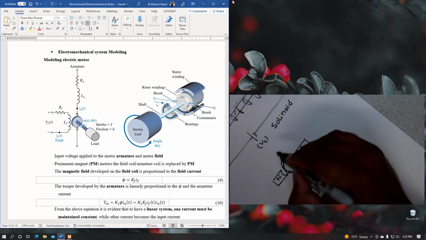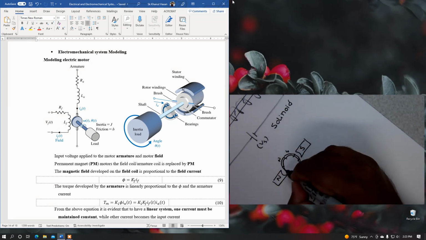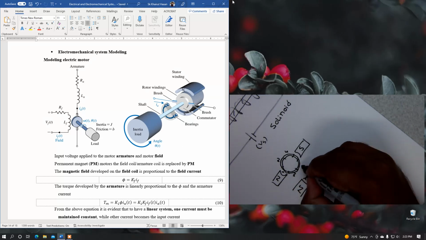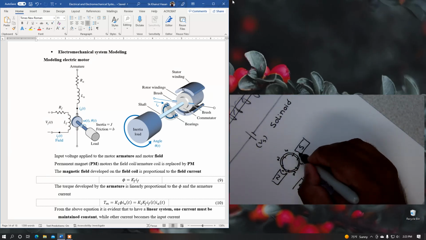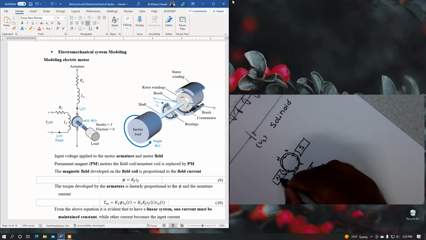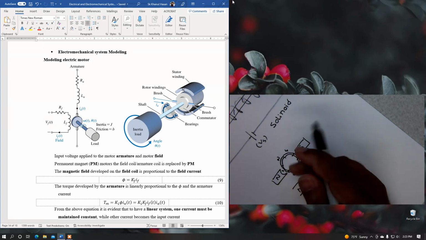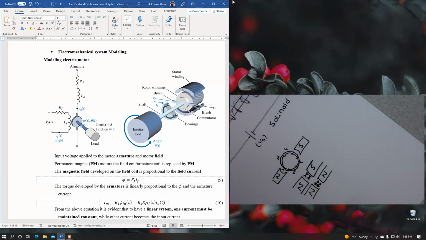Here is south, here is north, then south, north, and then south, like this. When the south pole aligns with this south, it applies a repulsive force. When the north pole aligns with the south pole, it attracts.